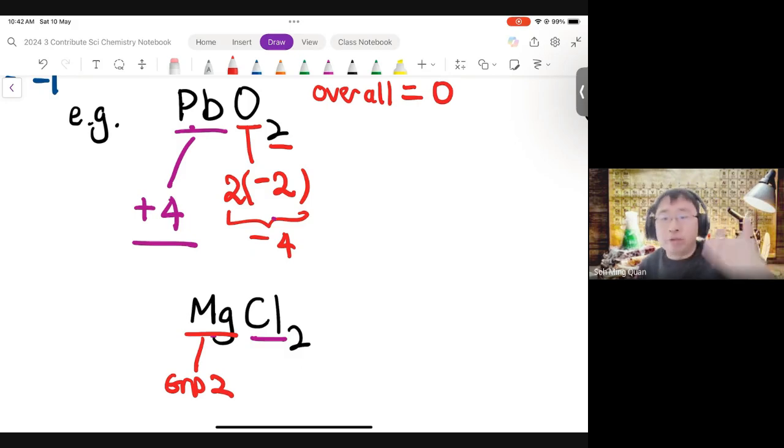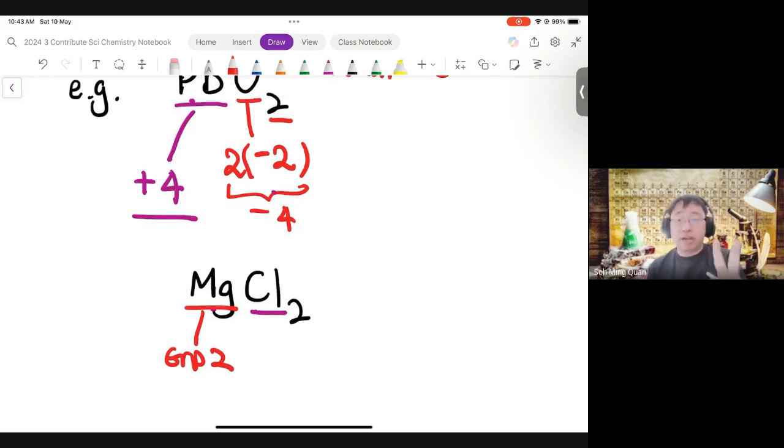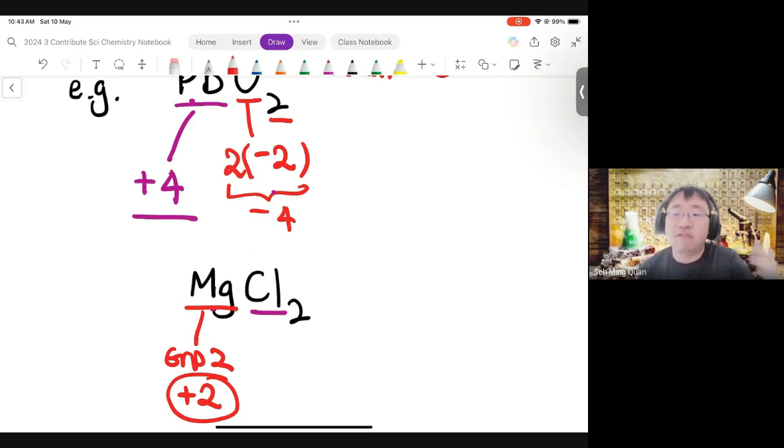How did it form MgCl2? It formed MgCl2 because it lost 2 valence electrons. Therefore, magnesium's oxidation state must be +2, because when you lose 2 valence electrons, you develop the double positive charge. So magnesium is +2 oxidation state in MgCl2.